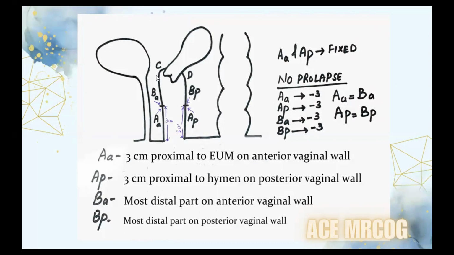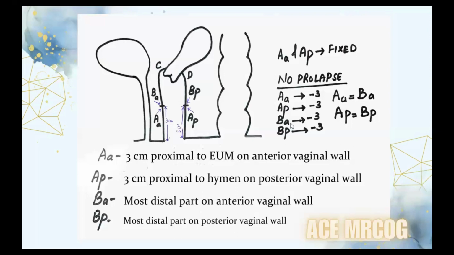So the most distal part of the upper part of the anterior vaginal wall is called BA. When we go in this direction, this is called distal, and when we go in the upward direction, this is called proximal. So this is the upper part of the anterior vaginal wall, and the most distal part of the upper vaginal wall is called BA. That is what I mean. Okay, got you.